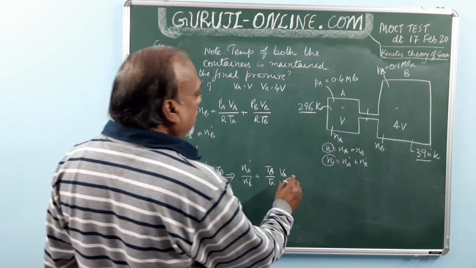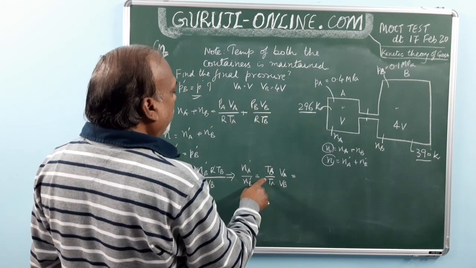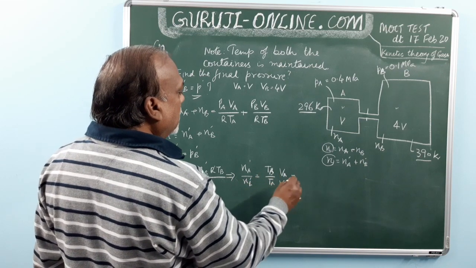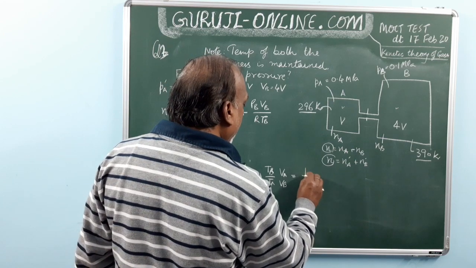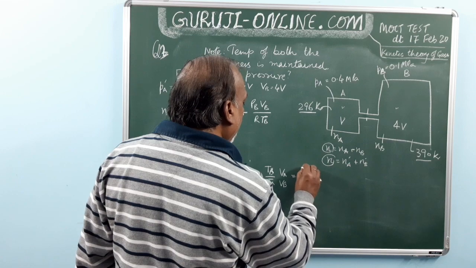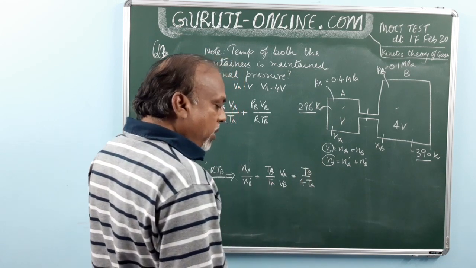So this will be nothing but Va, Vb, if we write that, then this is 1 by 4 Ta Tb. Correct?